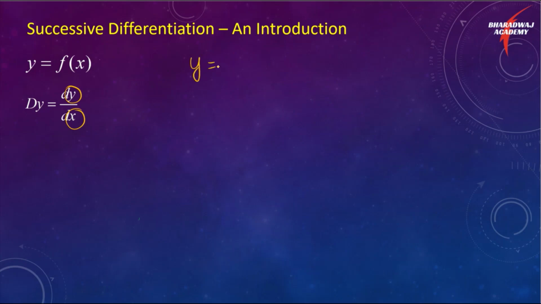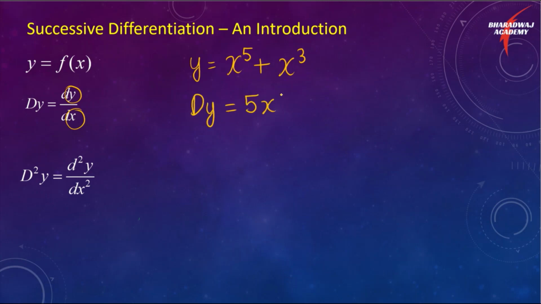If we have y is equal to x power 5 plus x cube, let's say. So dy by dx is 5x power 4 plus 3x square. Now, as you can see here, there exists a second differential which can be stated as d square y by dx square is equal to, yes, 20x cube.